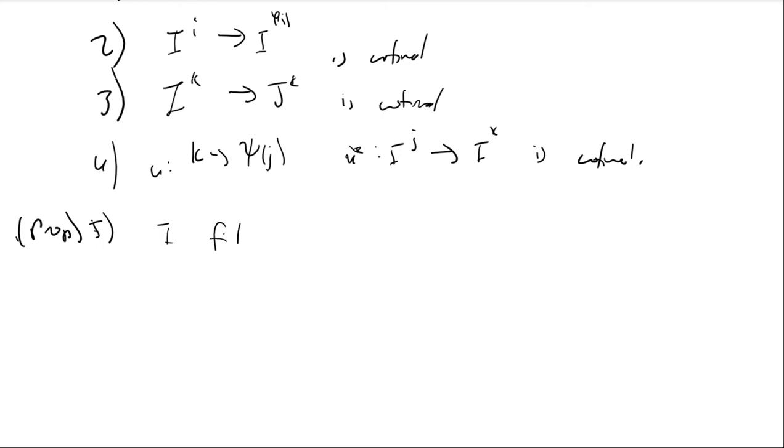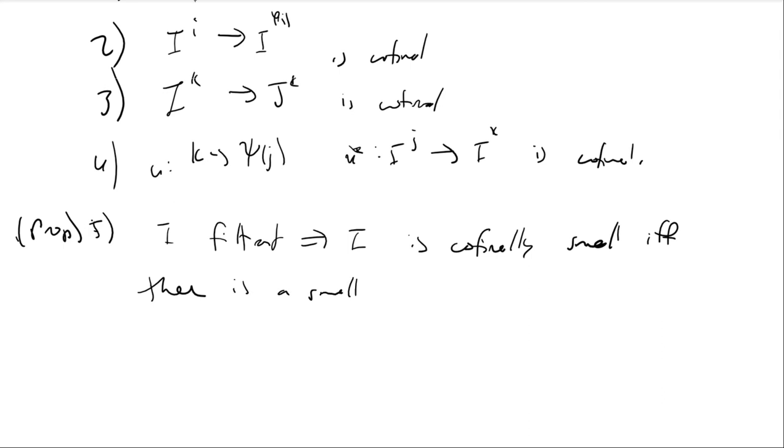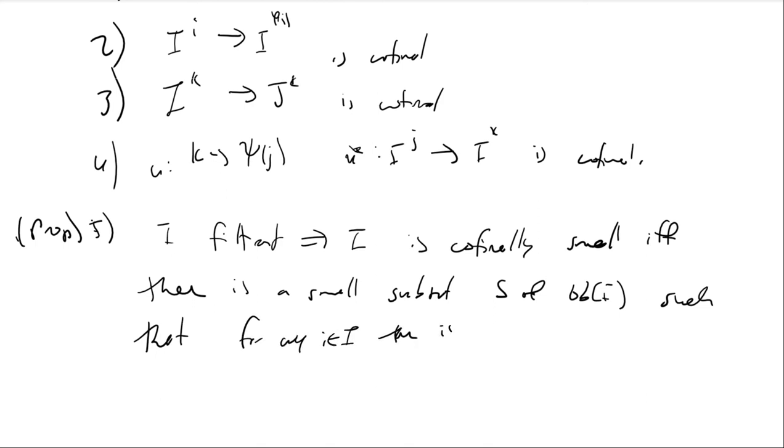If I is filtrant, then I is cofinally small if and only if there is a small subset S of the objects such that for any I, there is a morphism I to j, j in S.